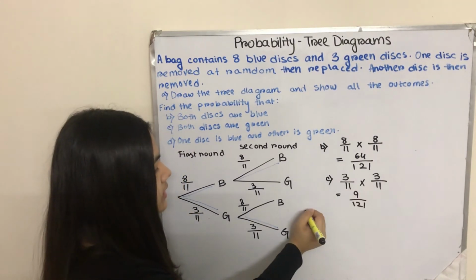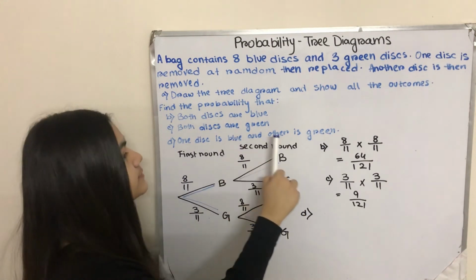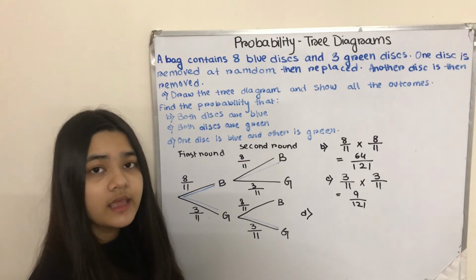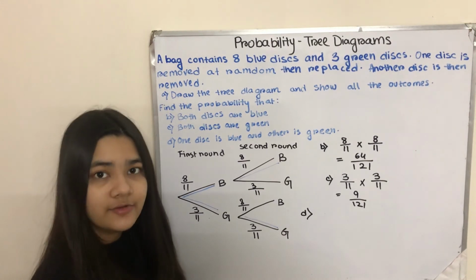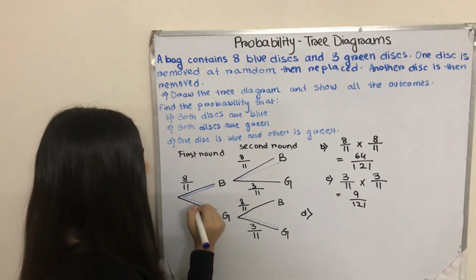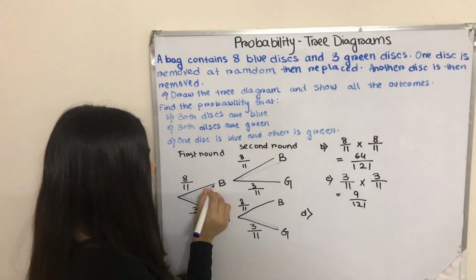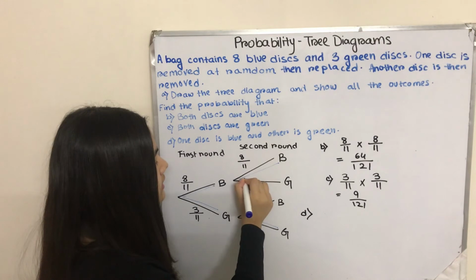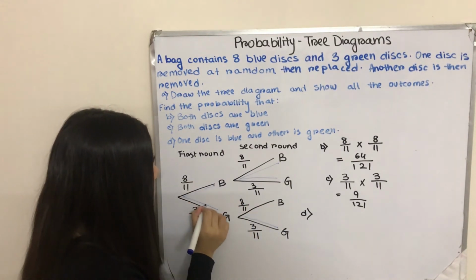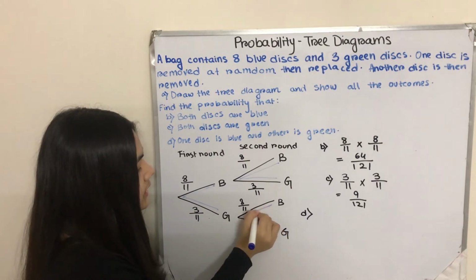And then number D, one disc is blue and the other is green. This means that they got a blue and a green disc. There can be 2 options. They either got blue in the first round and green in the second round, or they got green in the first round and blue in the second round.